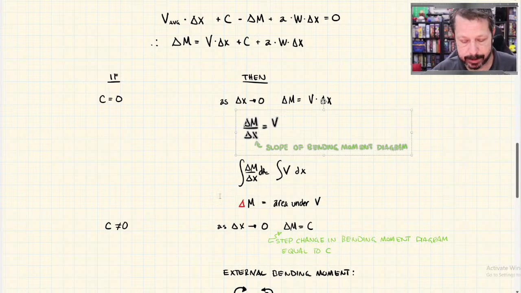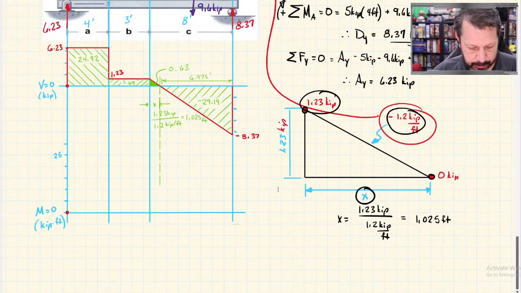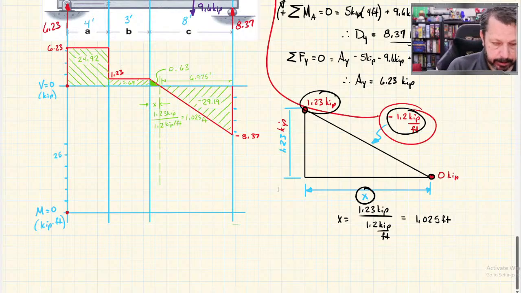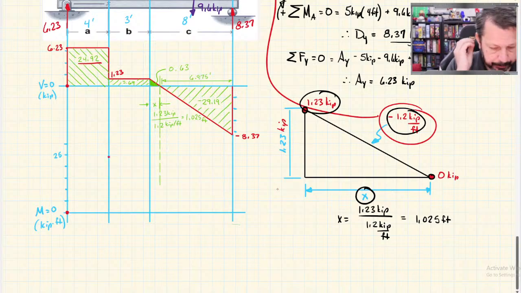So it's sort of acting like the distributed load. So the area is a positive 24.92. I'm at 0, so 0 plus 24.92 is equal to 24.92, so there somewhere.